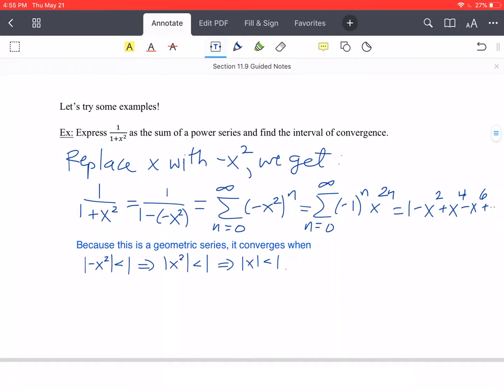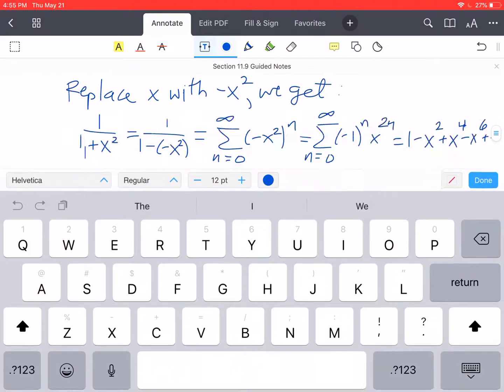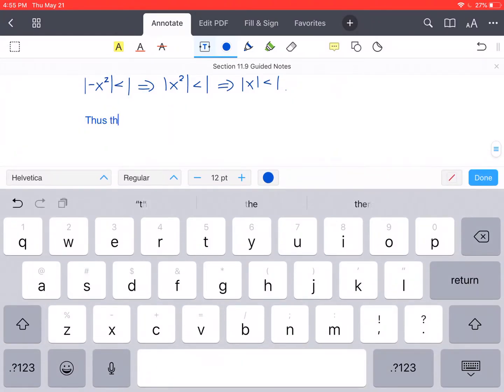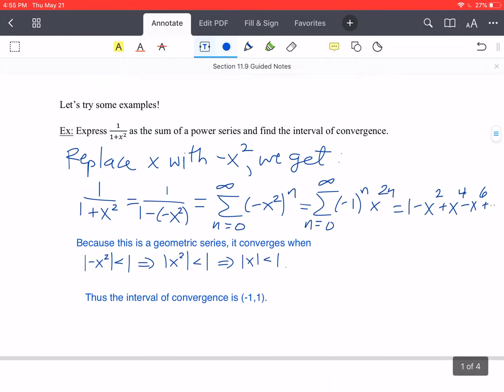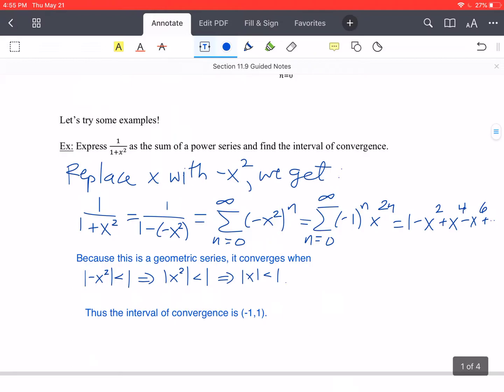So this gives us our interval of convergence. Thus, the interval of convergence is negative 1 to 1. So using information from the previous example, and just manipulating it slightly to get it into a form that we can work with using what we already know. Okay, let's look at another one.